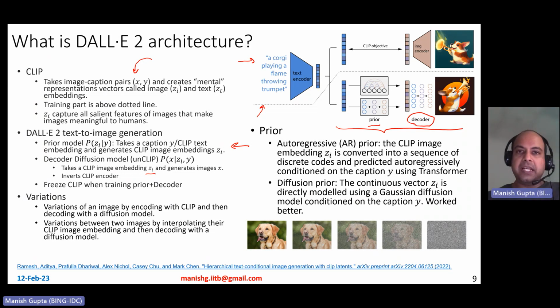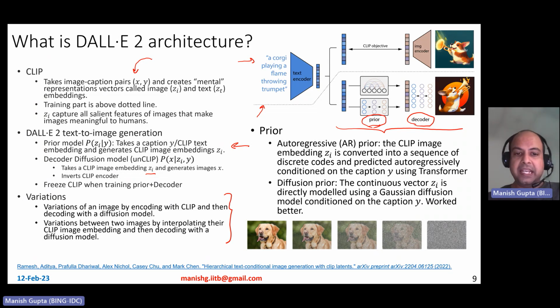In fact, the decoder is more like an inversion of the CLIP encoder. While training the prior and decoder for the DALL-E 2 model, you freeze the CLIP model. In some ways, the DALL-E 2 model tries to decode what the CLIP model has captured. Thus, it is a very nice way of coming up with interpretations of the CLIP encoding space. Using this notion, DALL-E 2 can be used to generate image variations.